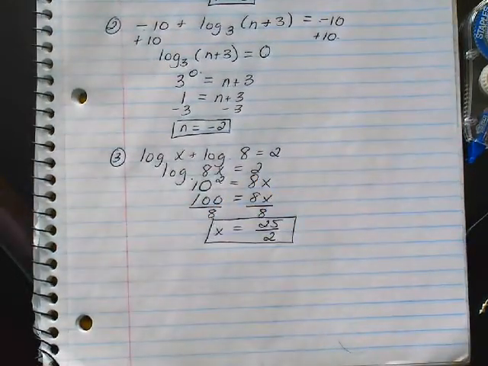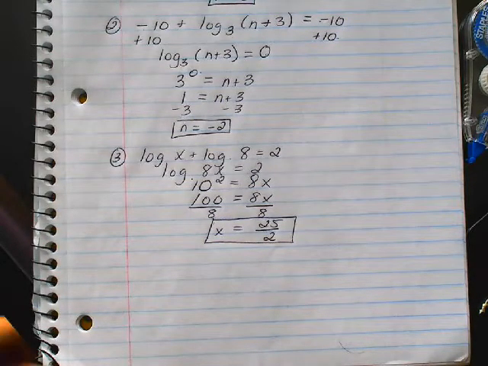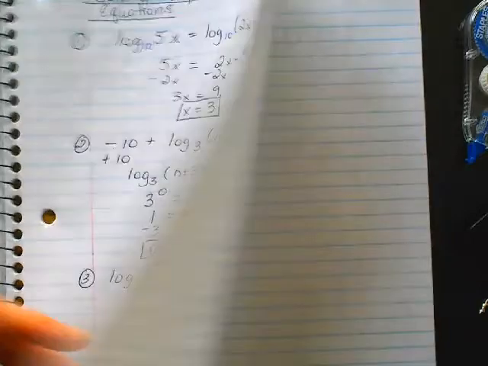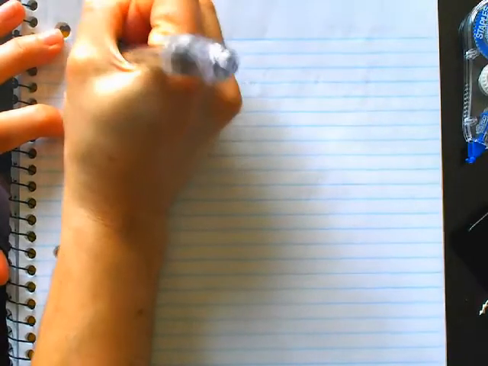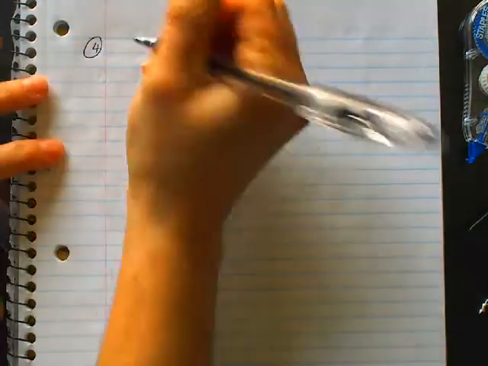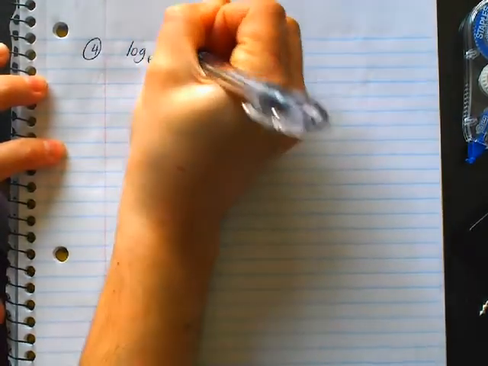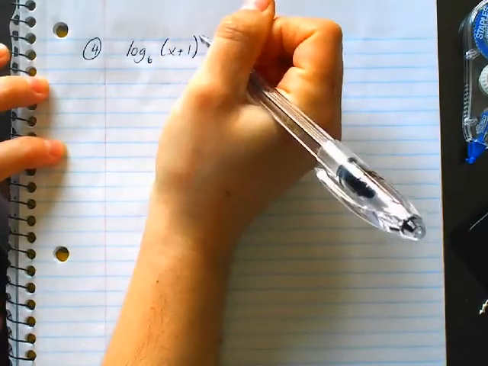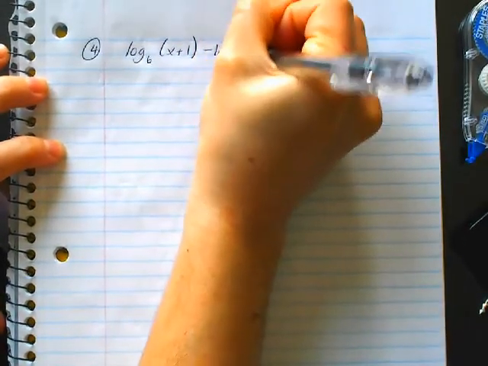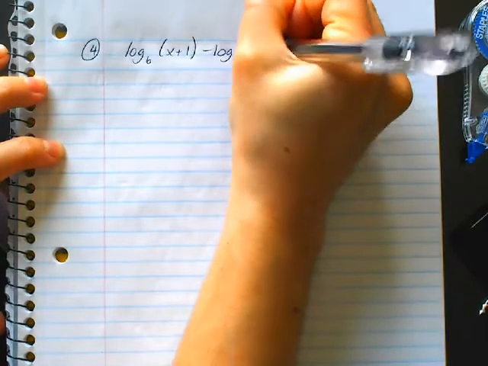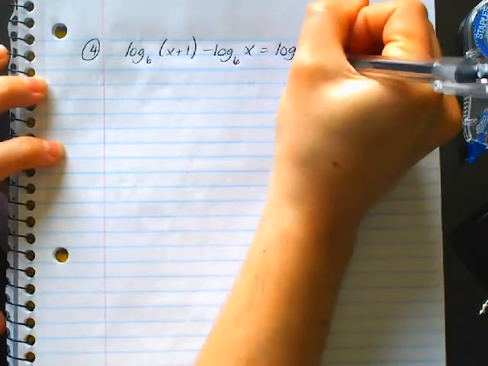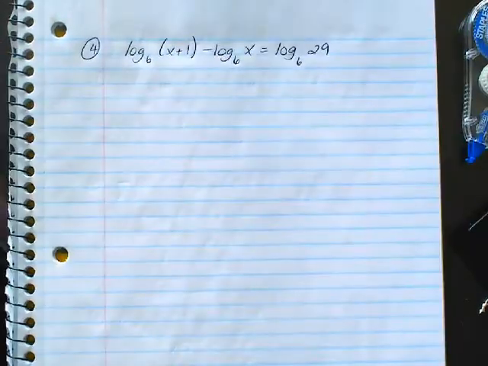Okay, we're going to do one more. This is about as tough as it gets. This is number 4. Let me switch my pages here. Number 4 is log base 6 of x plus 1 minus log base 6 of x equals log base 6 of 29.